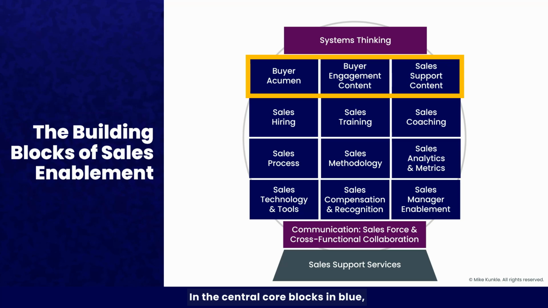In the central core blocks in blue, it all starts with buyer acumen, which is a deep understanding of your buyers and customers. This is the market you serve and your ideal customer profile. Who are they? What are their roles, goals, and their coin-op, or their challenges, opportunities, impacts, needs, outcomes, and priorities?